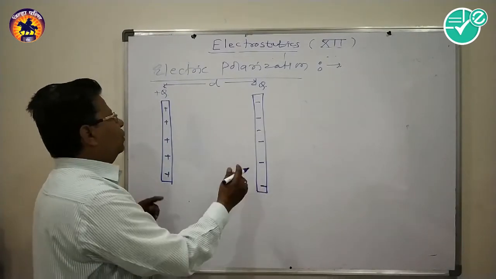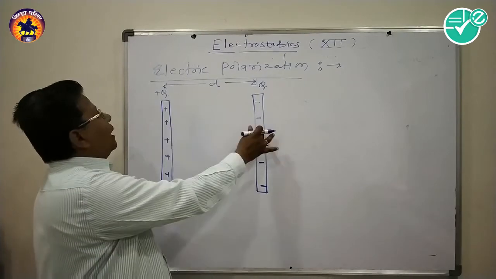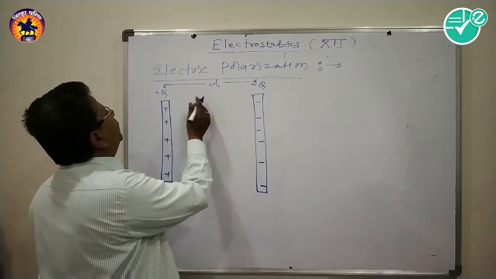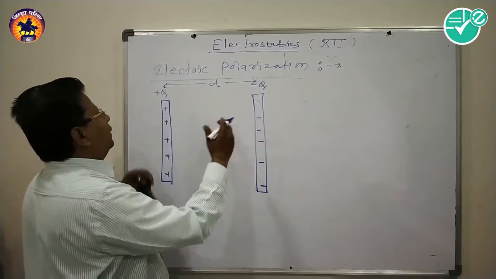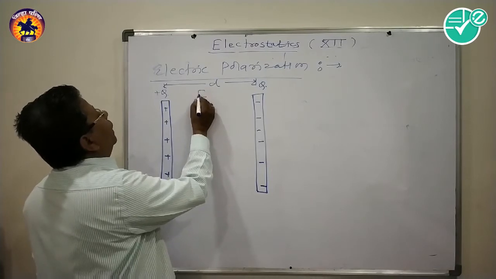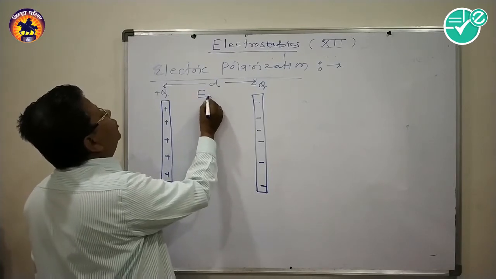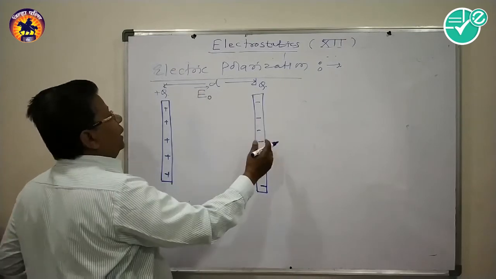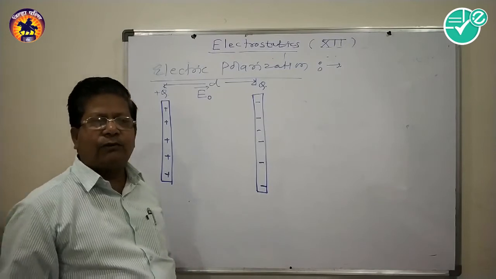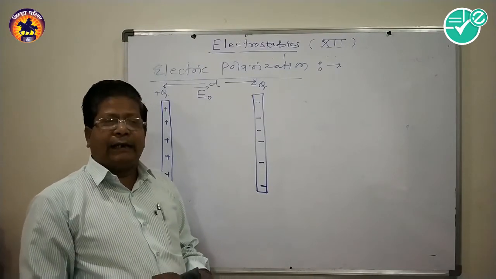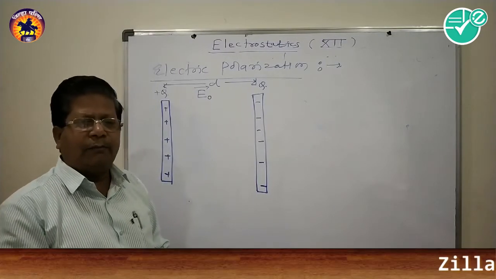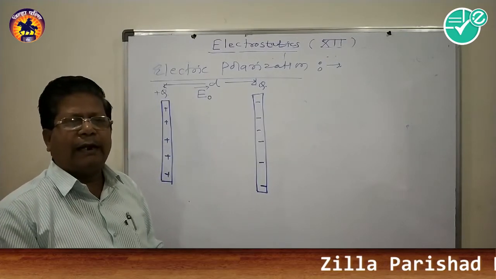Due to the equal and opposite charges on these two plates, electric field is developed between these two plates, and this electric field is given by E0. That means the electric field between the two plates in the absence of dielectric. Dielectric may be polar dielectric or it may be non-polar dielectric.